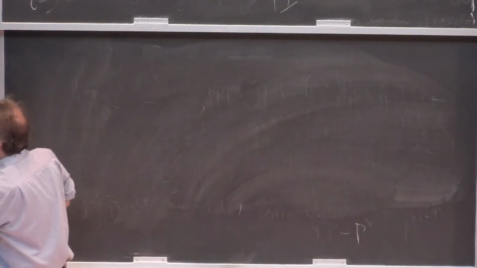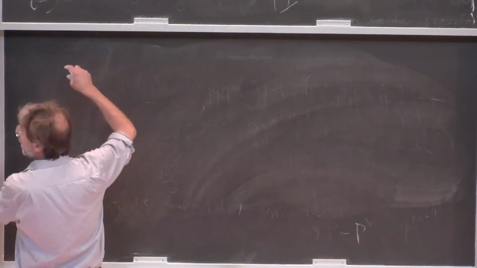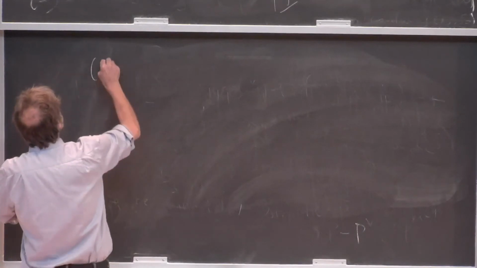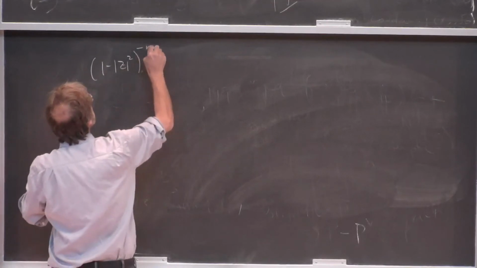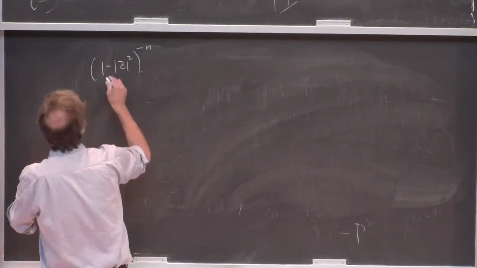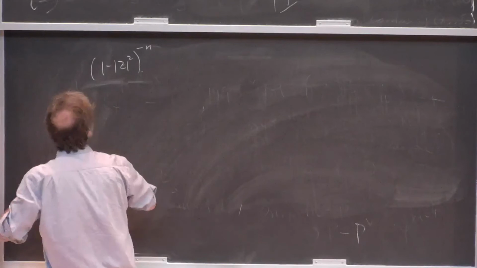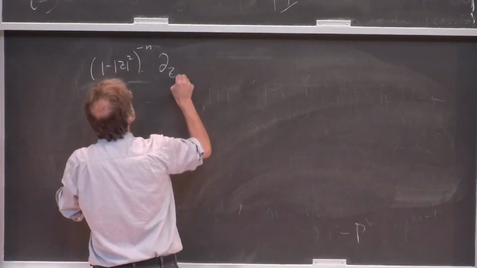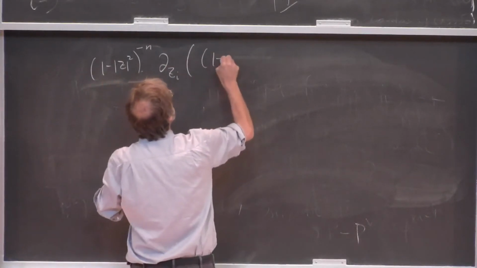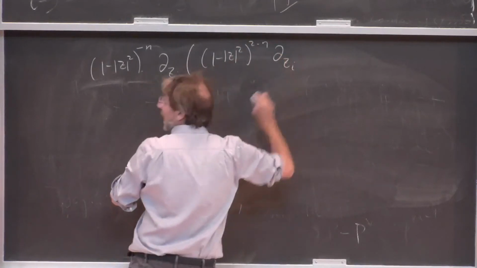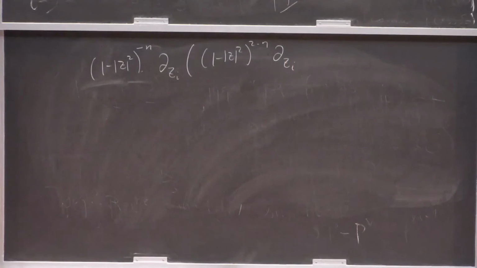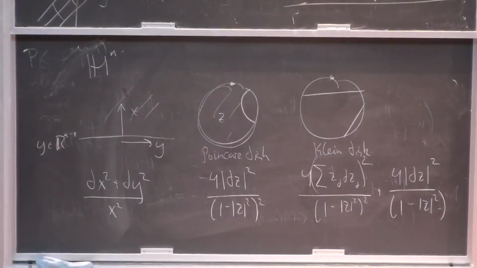In the Poincare disk model, I'm going to have the following. So let me see if I can get this right. I'm going to have (1 minus mod z squared) to the minus n divided by, well, I'm going to forget about the 4s. I'm just going to get them right. dz_i of (1 minus mod z squared) to the 2 minus n. I only have diagonal bits. This is just a Euclidean metric, dz_i, sum over i.